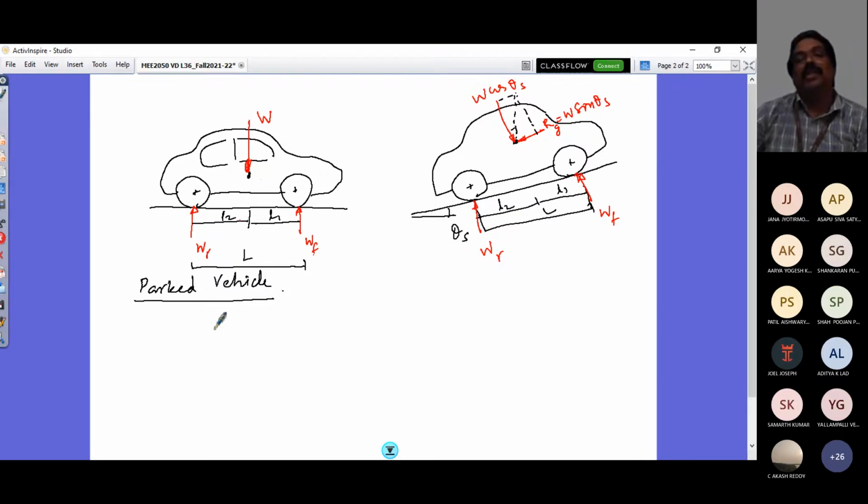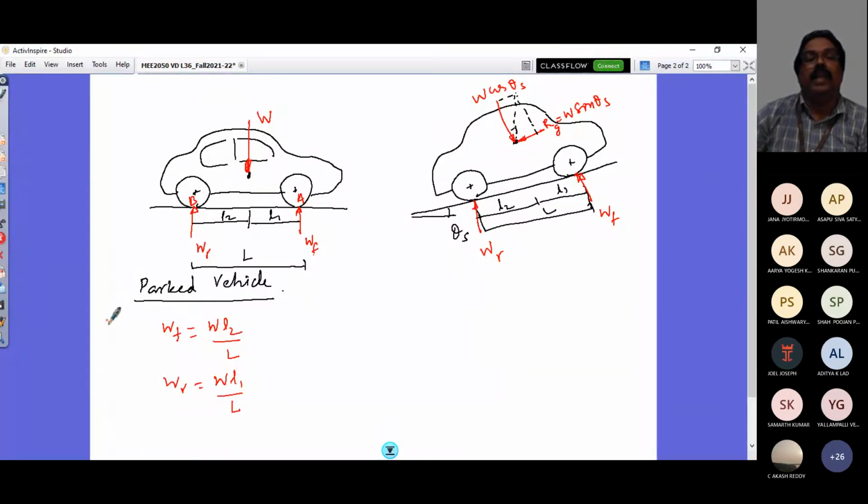So this is a parallel force system. If I take moment about, let's call this contact patch A, and this contact patch with the road is point B. Then taking moment about B, I would get WF, and that would be equal to W L2 by L, and WR I'll get as W L1 by L. How do I get this?